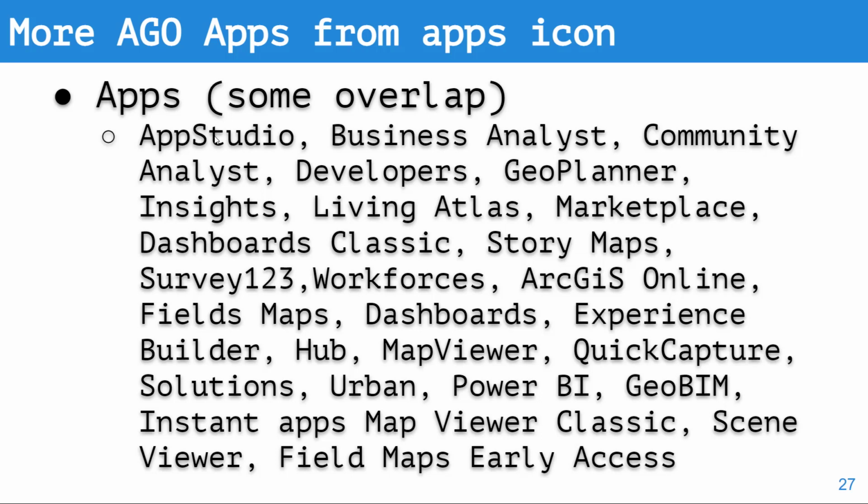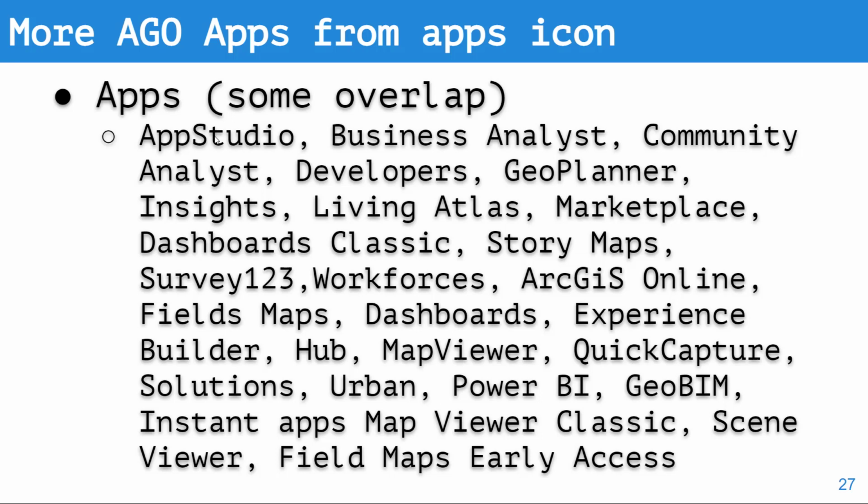Dashboards are the current dashboards, the third generation that we're using. Experience Builder to build your own. Hub, what we talked about before, two slides back. Map Viewer. Quick Capture has a companion mobile app. And so when you go to Quick Capture here, you actually go to a website to set up the back end for that mobile app. Right?